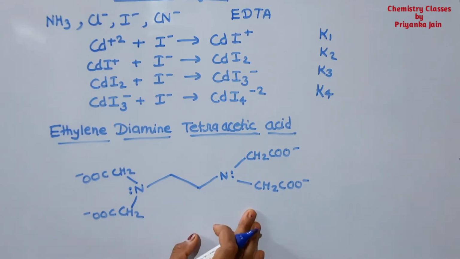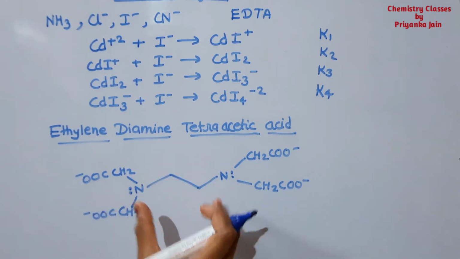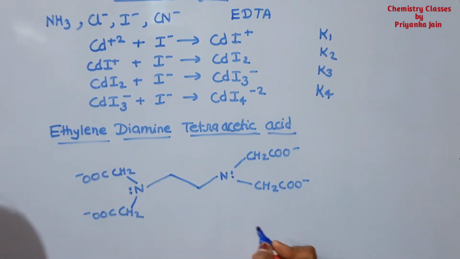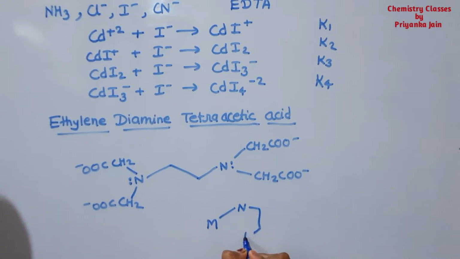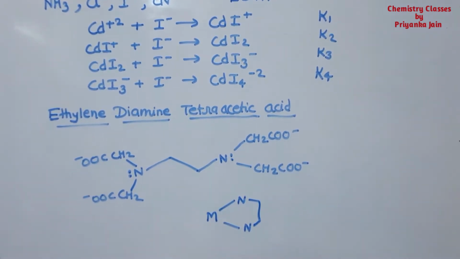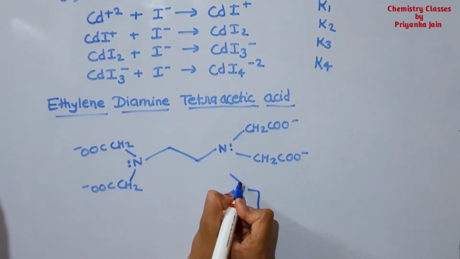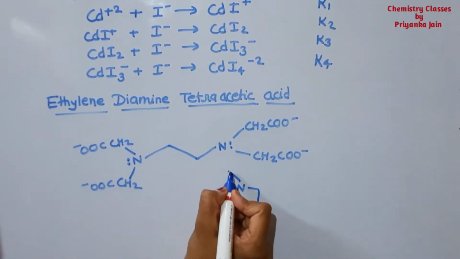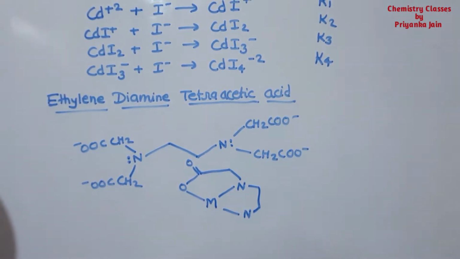So there are 6 sites, and it can bind to the metal from 6 sides and form a cage-like structure. See here how it forms it. Suppose this is a metal. From one side this nitrogen binds to it. These are two CH2 groups, and this is the other nitrogen that can also bind. So 2 sides are now completed. Now this is the CH2 group, then C double bond O and O, and this can bind to the metal.